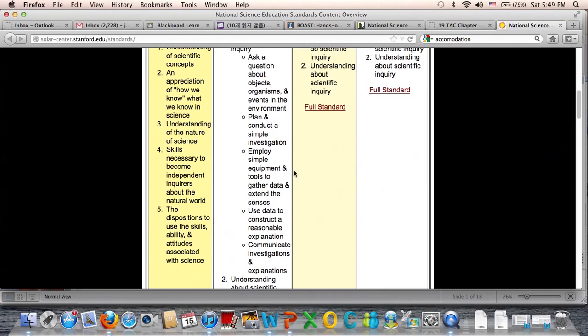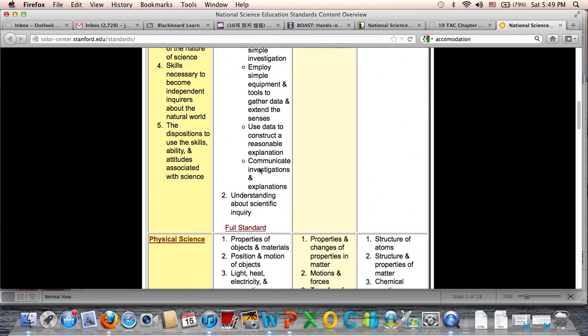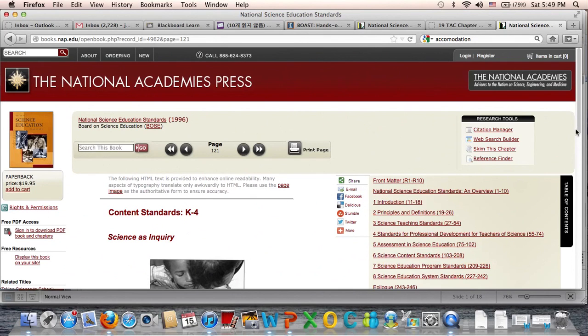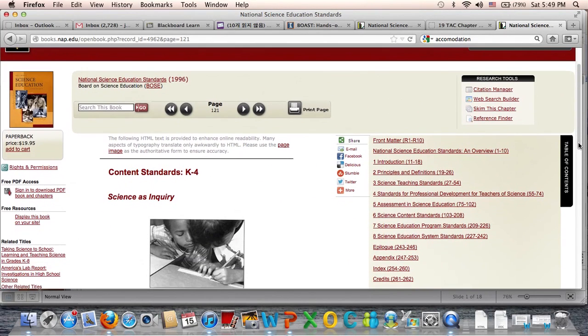Okay, so I don't want to read all these, but that's the idea of what you need to do for science inquiry. If you want to see more standards, just click here. Then it brings you to the National Science Education Standard, more detailed.